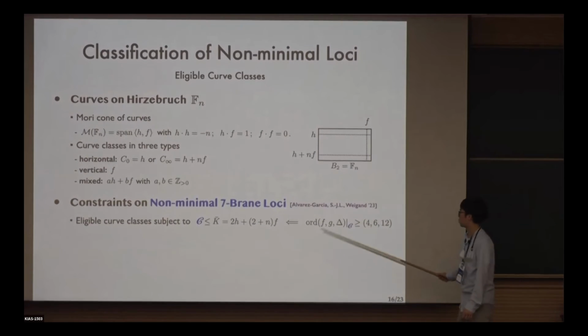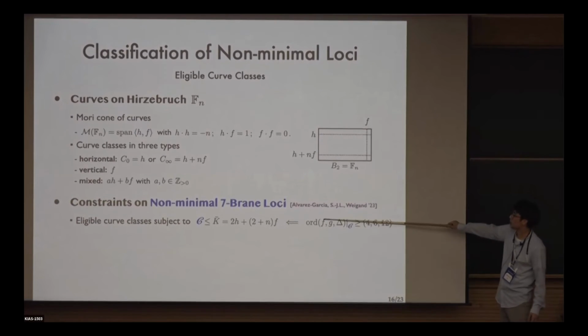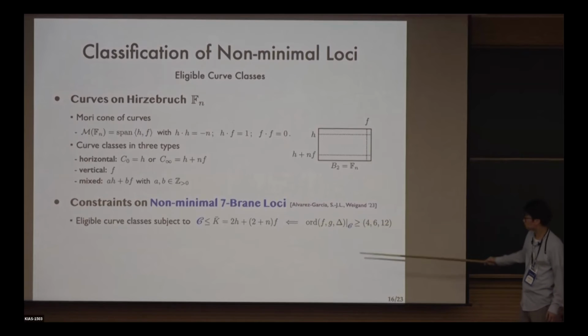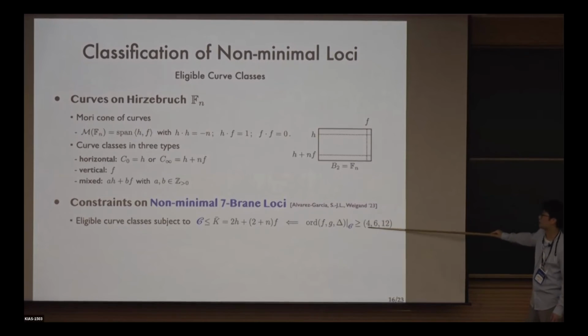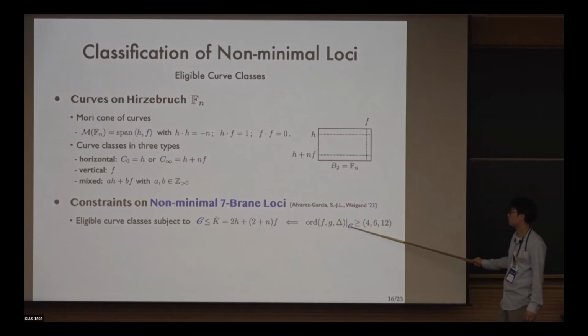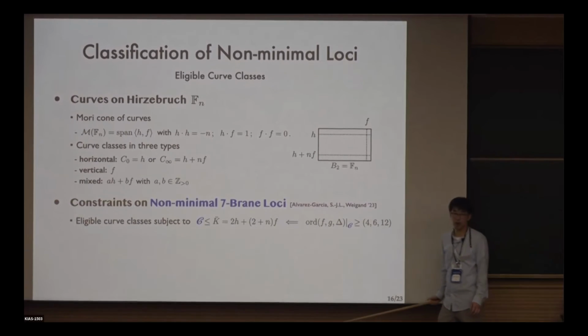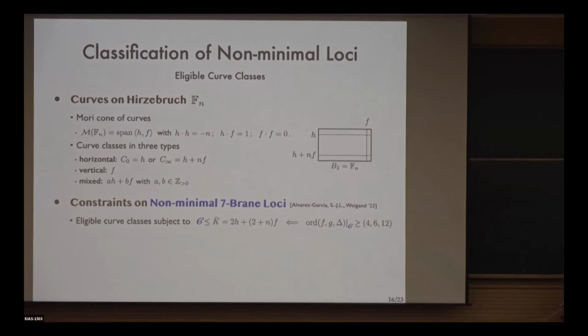For example, if you look at this section f, which lies in 4 times K bar, along C we need to have vanishing order at least 4. So that means 4 times K bar should be bigger or equal to 4 times C. And that's how we get this upper bound on the eligible curve classes for non-minimal loci.